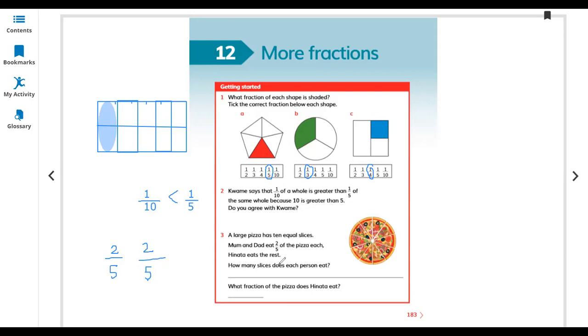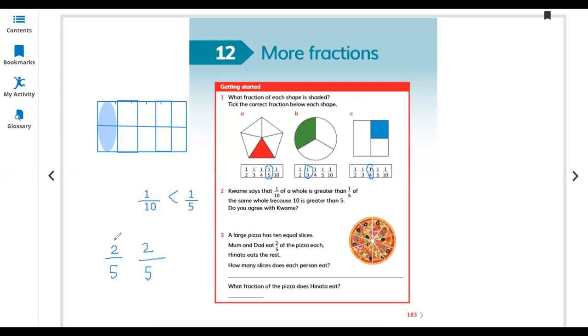So how many slices does each person eat? So 2 by 5, 2 by 5. So 2 plus 2, 4. It means out of 10, 4 parts Dad eats. And the same as Mom. Mom eats also the same.